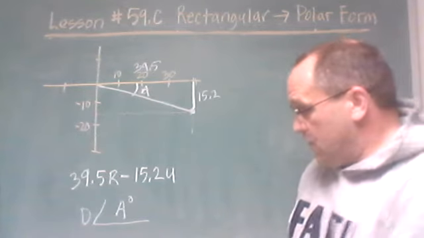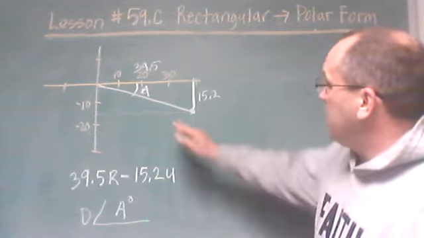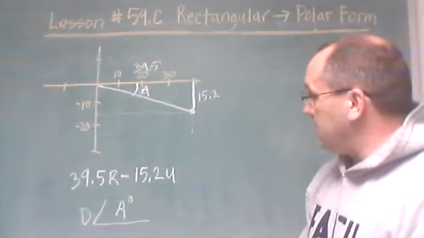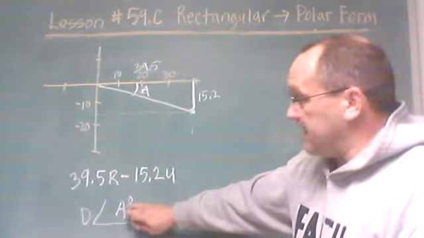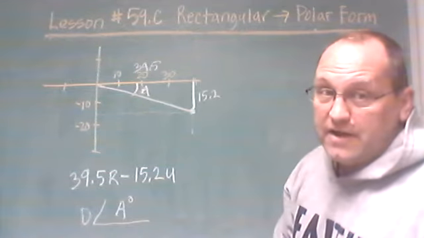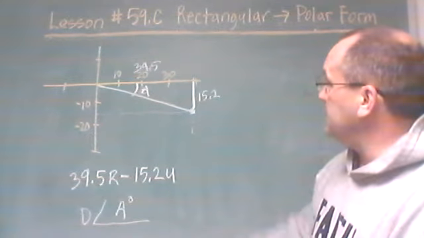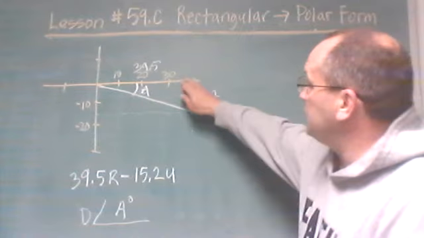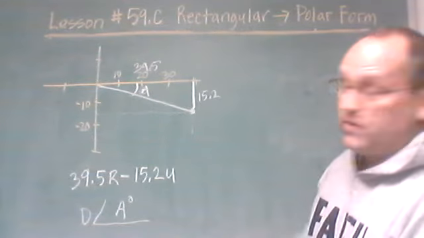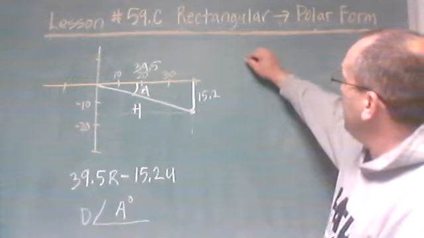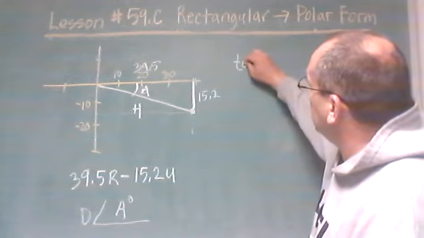So what we're going to do is solve for this, and if we're going to use your trigonometric functions, I would recommend you solve for your angle first. That's easy. We have the two leg lengths. We don't have the hypotenuse length. So we will use our tangent function.